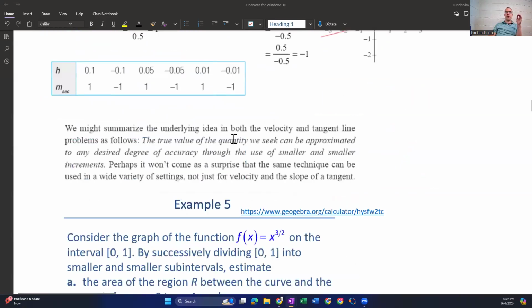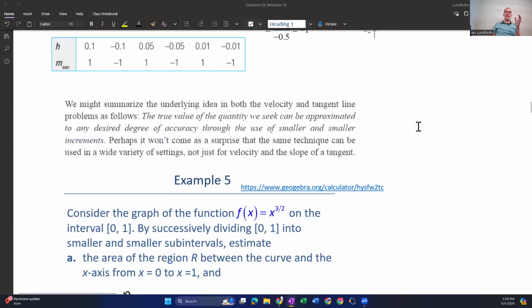But the thing that hopefully we've paid attention to, and this is going to be true for the next example too, I'm going to underline this italicized thing: the true value of the quantity we seek can be approximated to any desired degree of accuracy through the use of smaller and smaller increments. This is the limiting process.